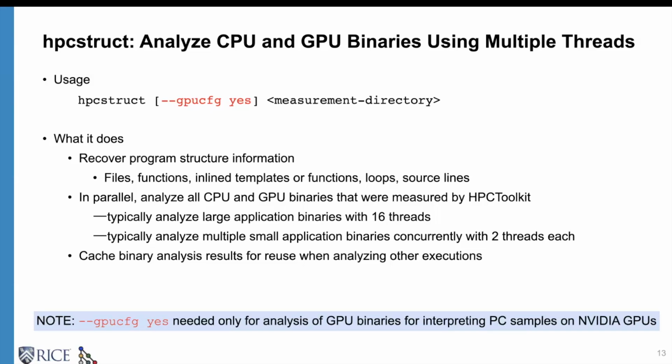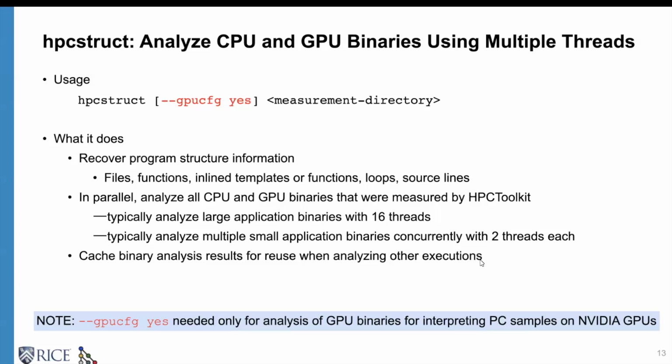So if you're running on a compute node, we'll use about half the threads on the compute node. And we'll typically analyze large application binaries that are 100 megabytes or more with 16 threads. And then for smaller things, we'll just say, well, we're going to launch them all with 2 threads each.